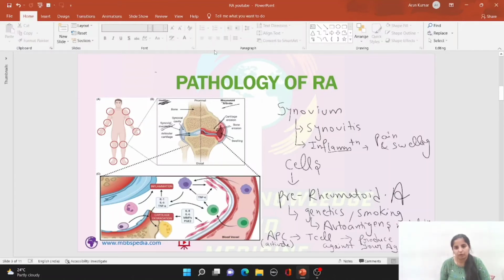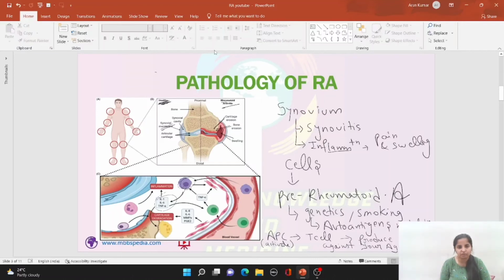So now further at the cellular level, the next diagram, if we broaden the picture inside the cellular level, you can see there is macrophage present inside, and this macrophage starts to form cytokines, which are interleukin 1, interleukin 6 and TNF alpha.